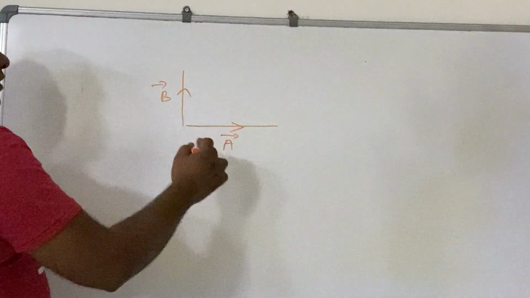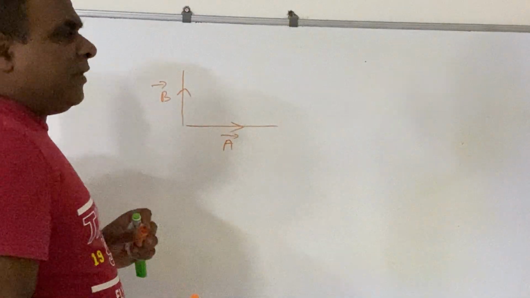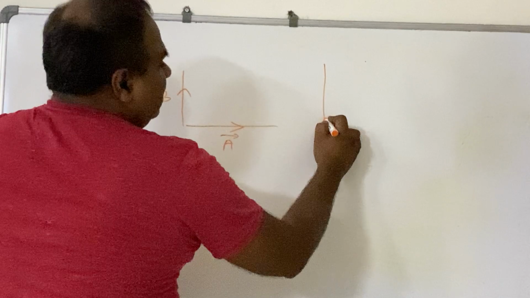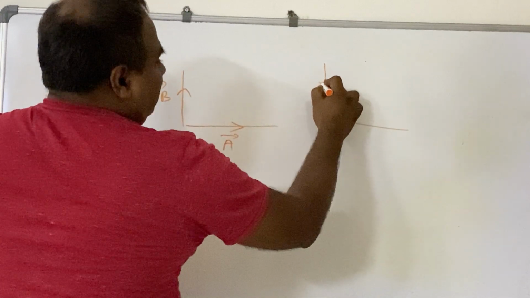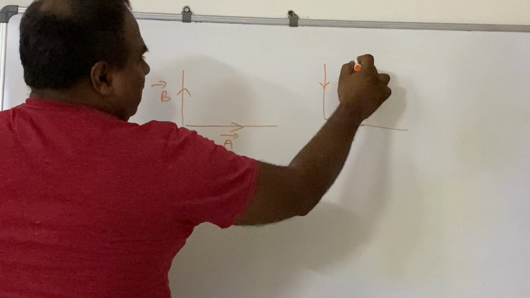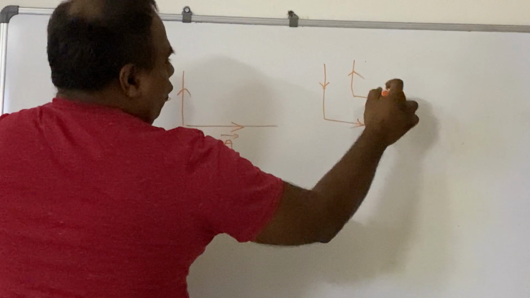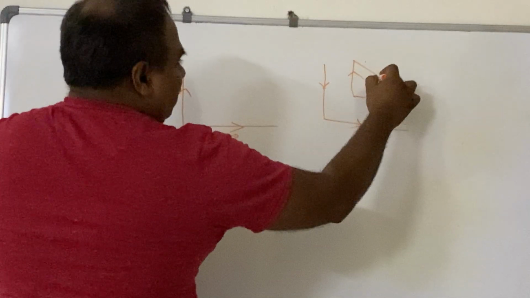So they are in reverse order. At that time, I will go for parallelogram law. If two vectors are in same order, that means this is anti-clockwise, this is also anti-clockwise. Another case, this is clockwise, another is also clockwise. Then we can use triangular law.